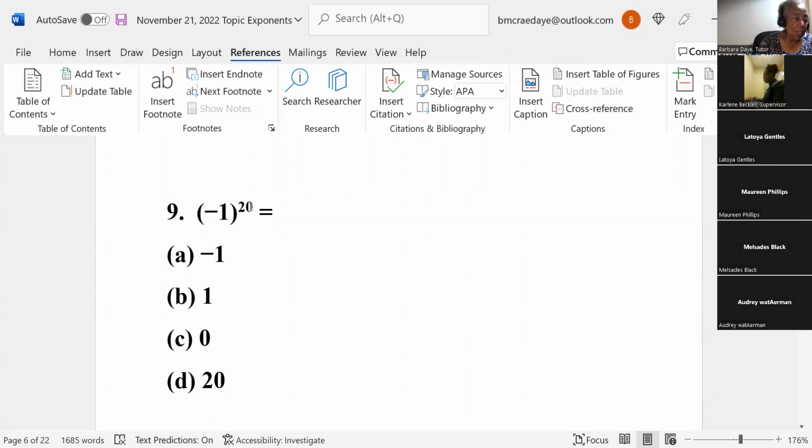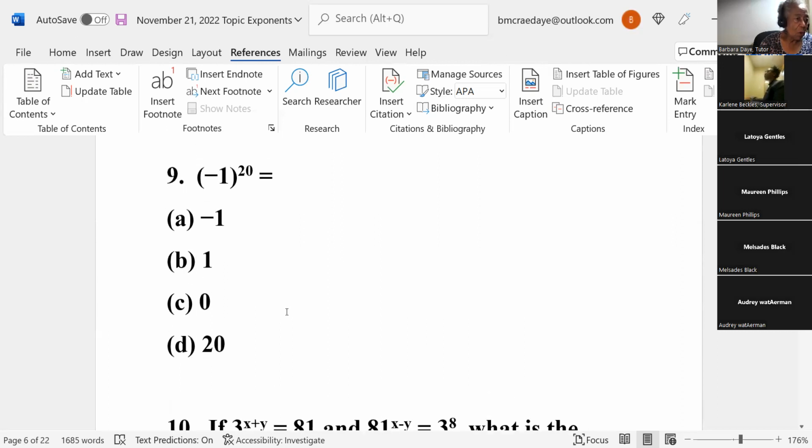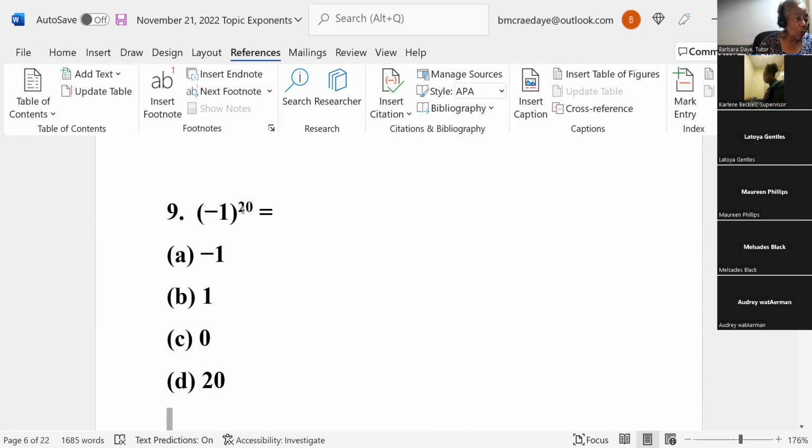If it's an odd number, your answer will be negative. So this is an even number, so your answer would be B. That's all you have to remember. So what's your answer? B. That's it. Just remember that little rule, and you'll be safe.